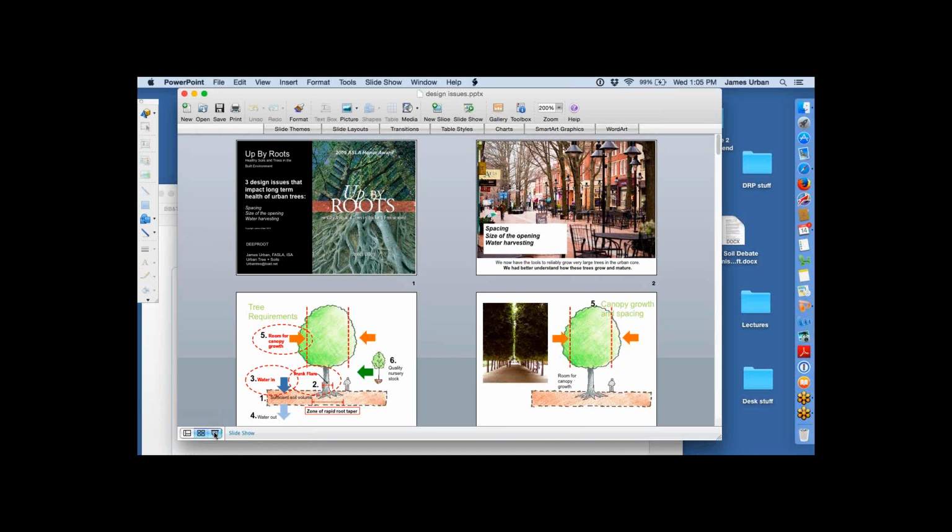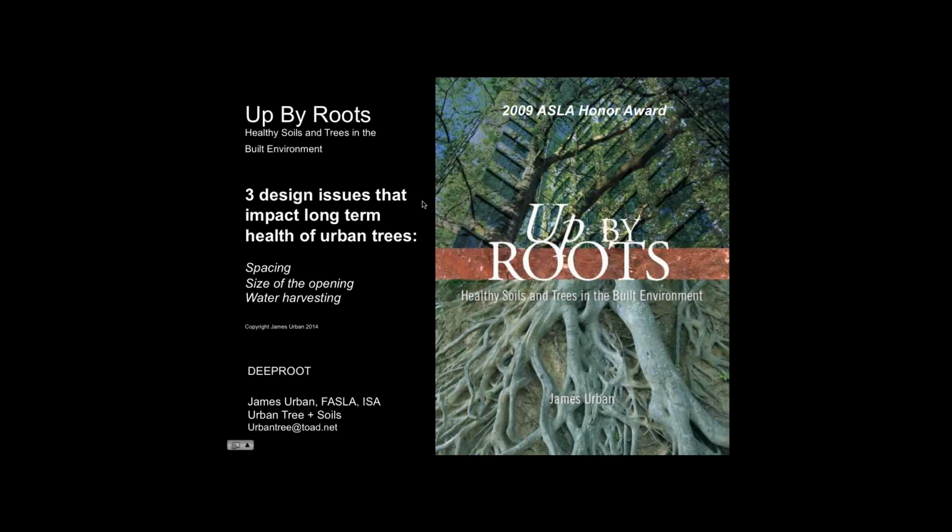Lita, am I on full screen? You are. Yes. We can see the full screen. And can you see it flashing back and forth? Nope. All we see is the black slide with the Deeproot cover. Okay. I'm having trouble getting it to go to another slide.